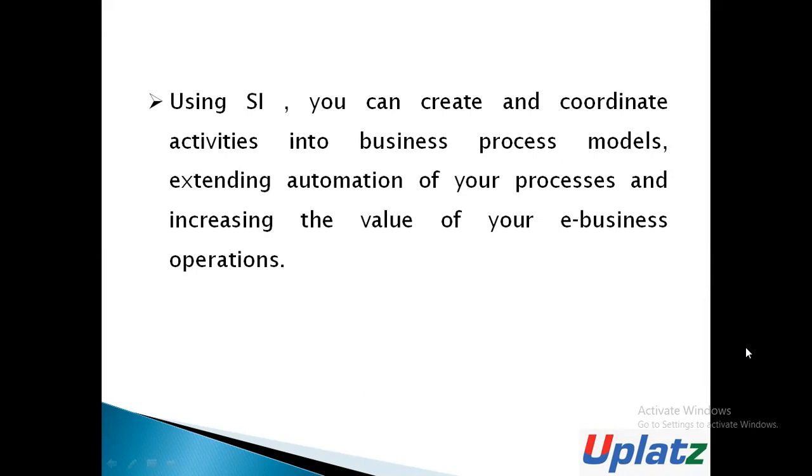Now, using Sterling Integrator, you can create or coordinate activities in a business process model. You will be creating a business process. Let me give a layman's example. One man should go from Delhi to Hyderabad. Can anyone please tell the activities? How can he go to Hyderabad?